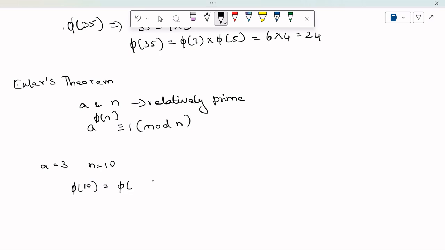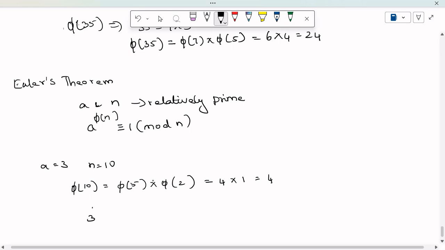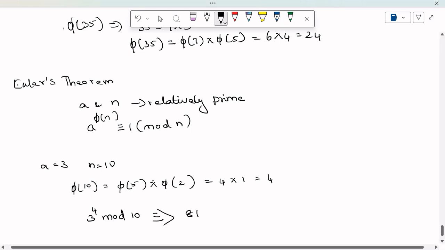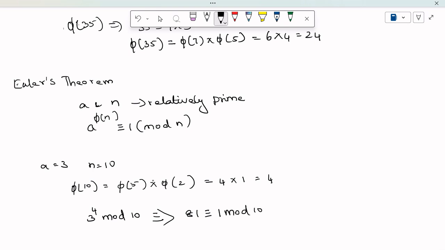Phi of 5 into phi of 2, which is 5 minus 1 is 4, 2 minus 1 is 1. This is 4. So now a power phi of n, that is 3 power 4, should be congruent to, so I have to find 3 power 4 mod 10. So what is 3 power 4 mod 10? 81. So 81 is congruent to 1 mod 10. Yes, it is getting satisfied.